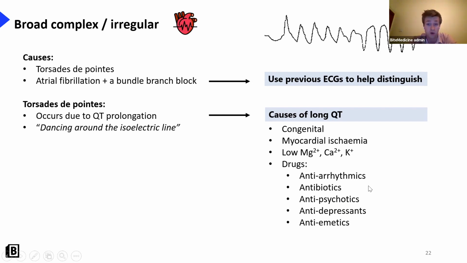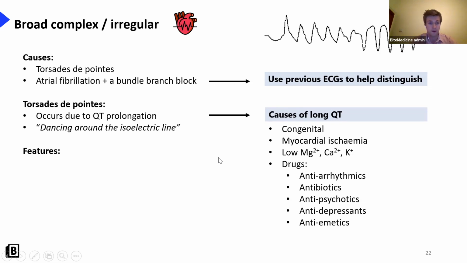Amiodarone can do it. Erythromycin would be an example of an antibiotic that could do it. Haloperidol, an example of an antipsychotic. Tricyclic antidepressants could do it. And I'm led to believe that ondansetron is an antiemetic that can do it. So A, B, C, D, E, I always thought that was quite a useful little learning tool to remember your causes of long QT.